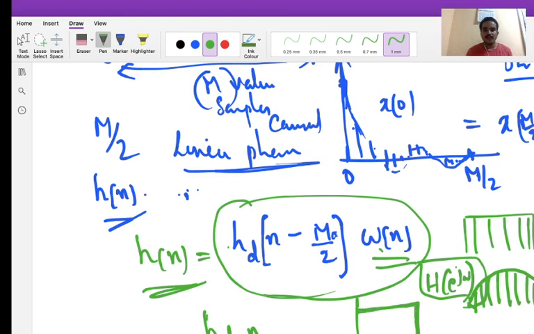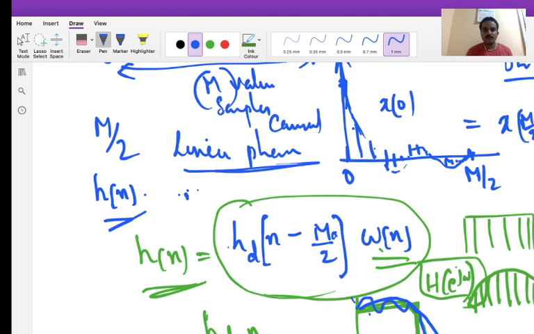But whatever the value of the order of the filter is, this will have some change in this value. These changes are determined by the windows that you use. Some of the windows may cause ripples here, ripples here.